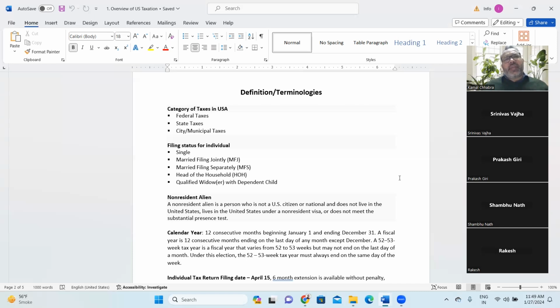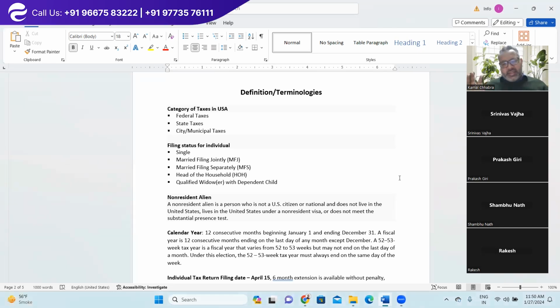In addition to that, if you are living in a state like Delaware or Arizona or like Guam, the state tax is 0, right? That is also there. So again it depends on which state you are living in. Different states have different state tax percentages, but that percentage is applicable on the same taxable income.